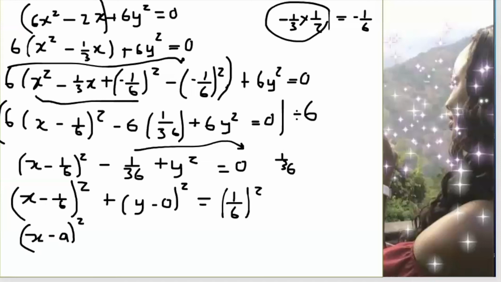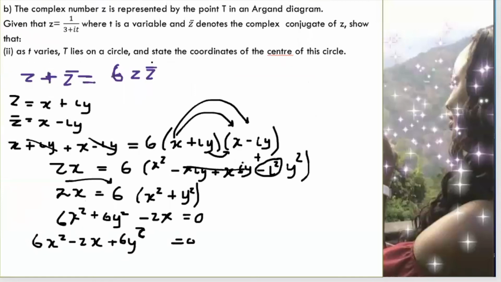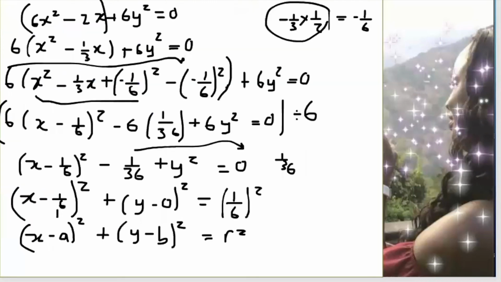Now this is the equation of a circle, and I'm hoping you're seeing the relationship, because the question asks what is the center, and I'm going to also give the radius. So the center here, remember I said state the coordinates of the center of the circle. So the center here is 1 over 6 for x and 0 for y.